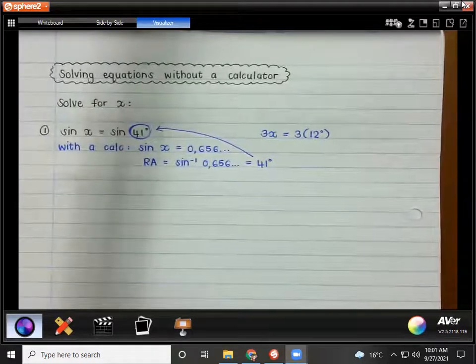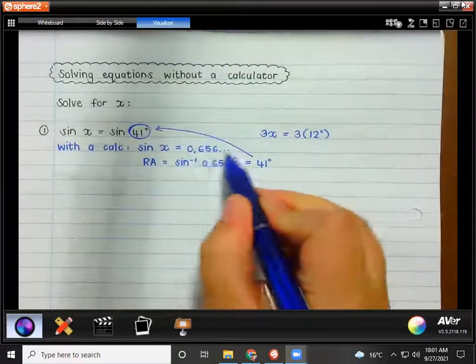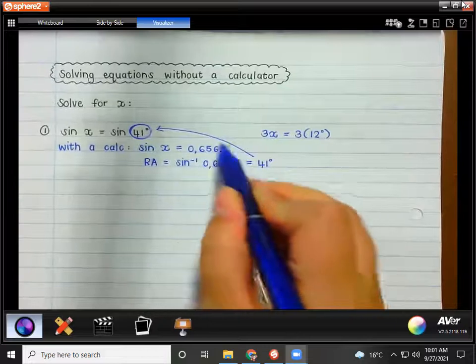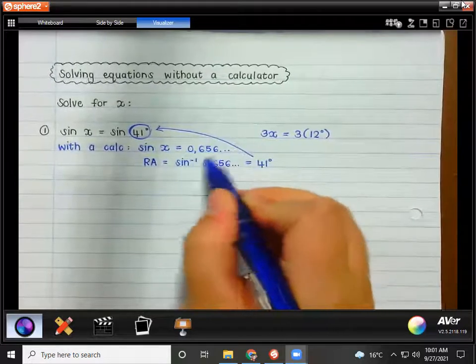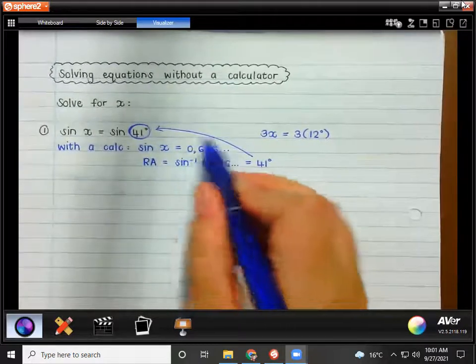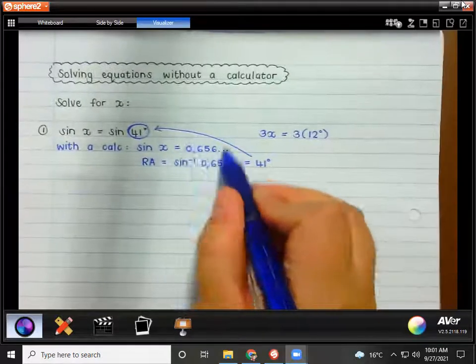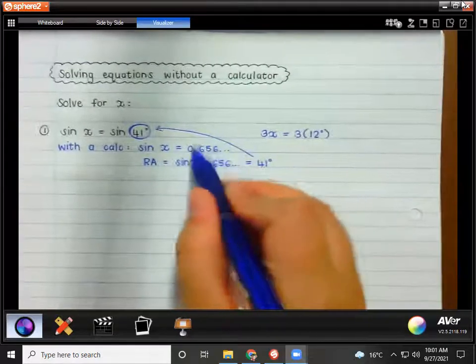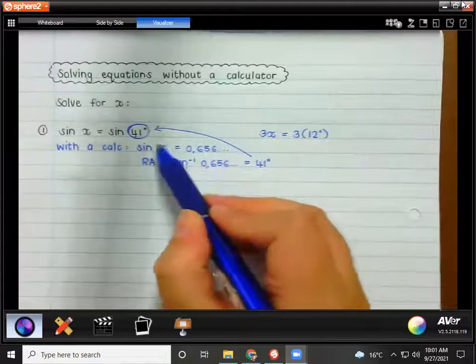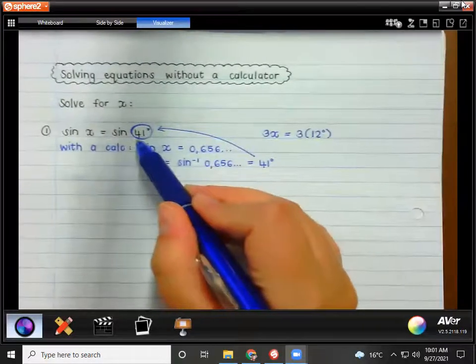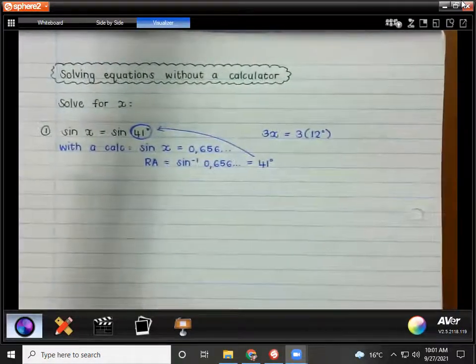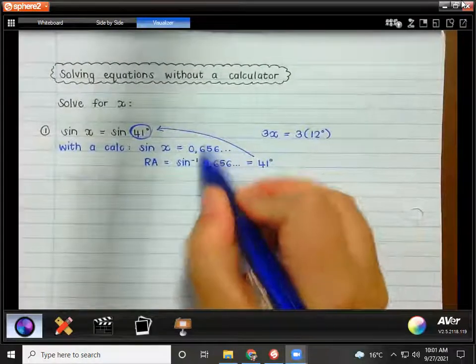All right? And guys, what type of number is this? This is a positive number, right? So we're going to have to work in the positive quadrants. Okay, but we need to recognize that the reference angle is given in the question. We don't have to actually work it out.